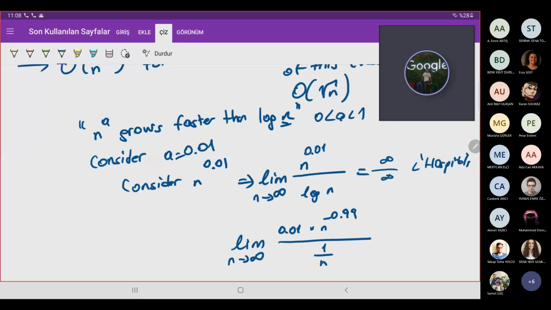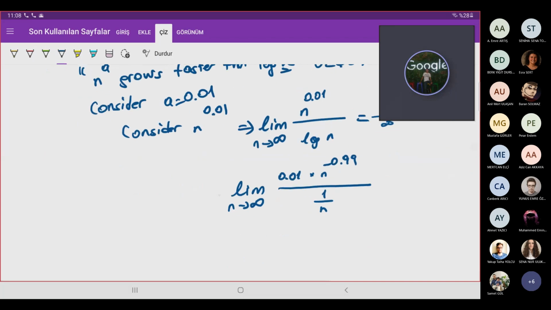So the derivative of ln n is 1 over n. It's actually equal to the limit as n goes to infinity of 0.01 times n to the power 0.01.